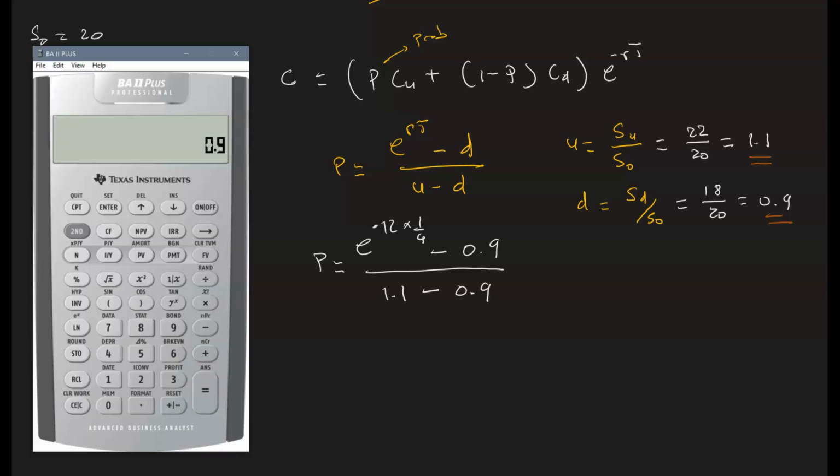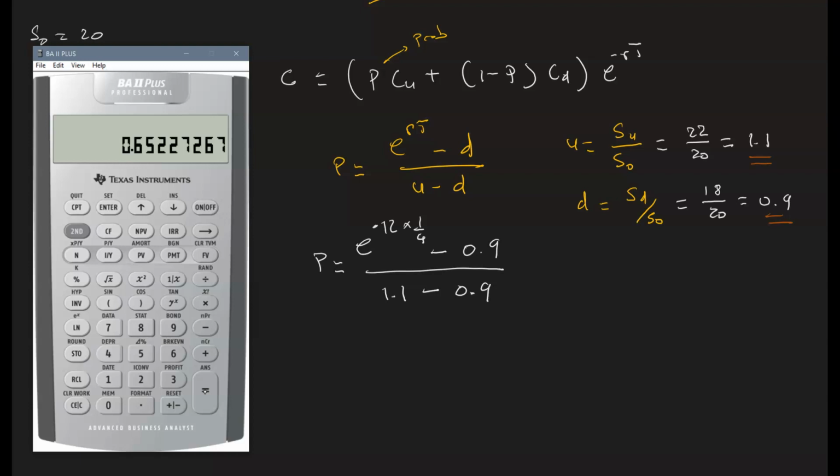Alright, so let's do this. 0.12 divided by 4, second function exponential, minus 0.9 equal, we're going to divide that by, open parenthesis, 1.1 minus 0.9, close parenthesis, equal.